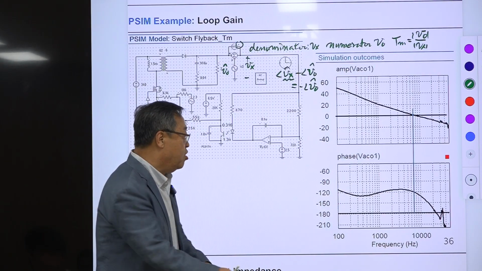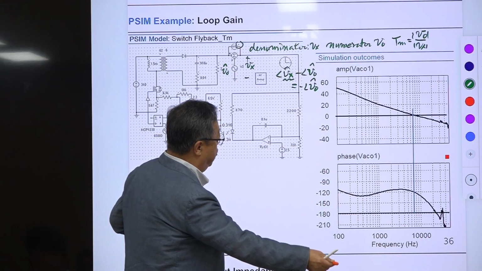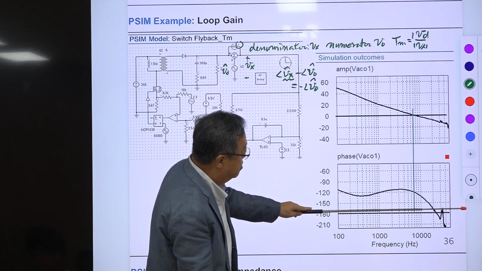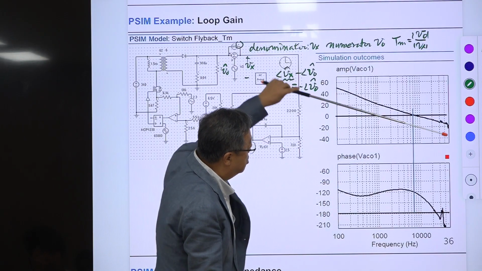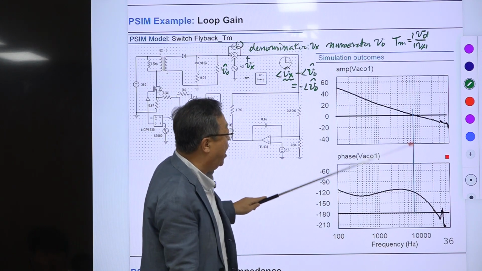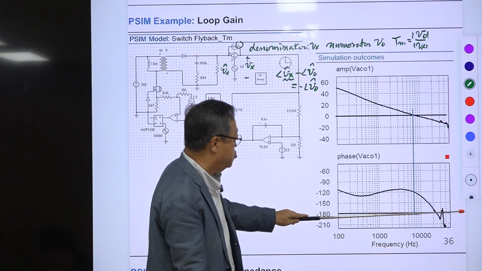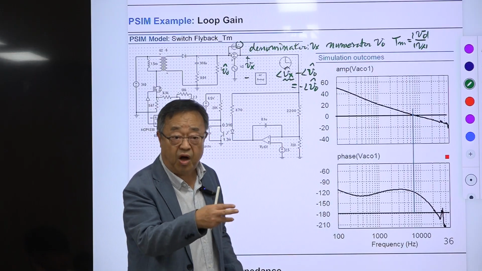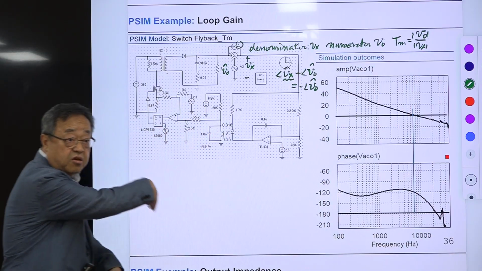So why are you concerned about the magnitude at the frequency where the phase of this signal falls to minus 180 degrees? Because there is an additional 180 degree phase delay in the system.